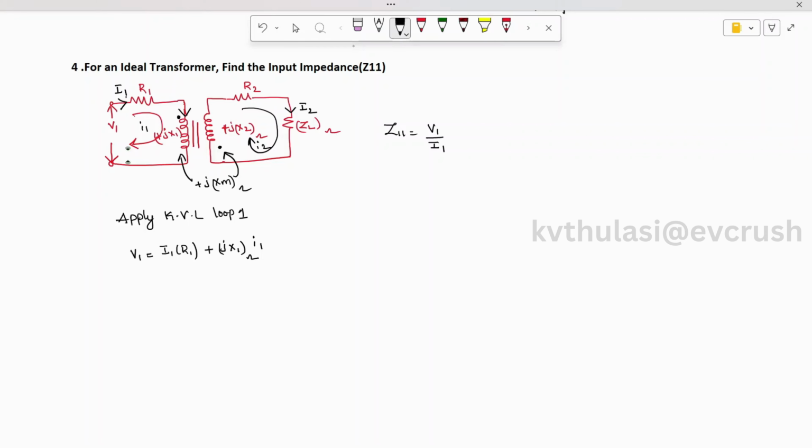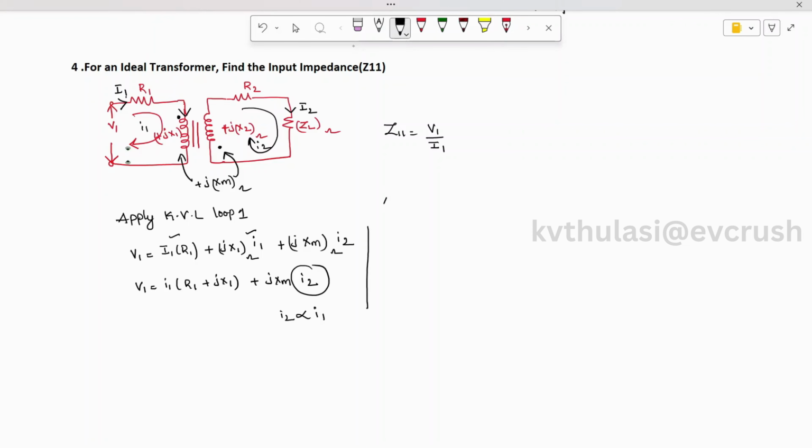Therefore we have a positive mutual inductance, written as plus jXM multiplied by the current in the other coil, I2. Taking I1 as a common term, V1 is equal to I1 into R1 plus jX1, plus jXM into I2. The disturbing term is I2, so we need to express I2 in terms of I1.